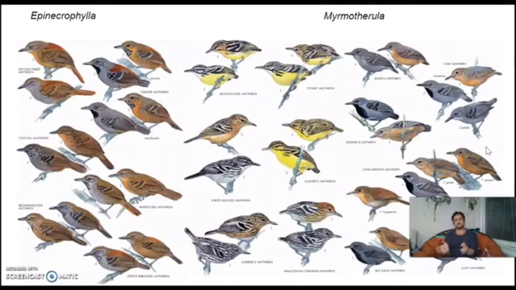So the genus name now infers some information about the relationship between these two groups of birds. Without knowing their specific relationships, without looking at a taxonomic tree, just by knowing their genus, you can now assume that the Epinecrophylla are probably more related to each other than they are to the Myrmotherula. And the Myrmotherula over there are probably all related to each other more so than they are to the Epinecrophylla.